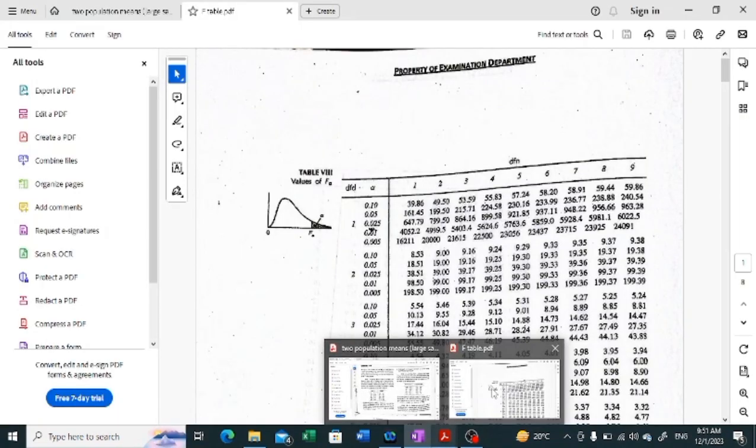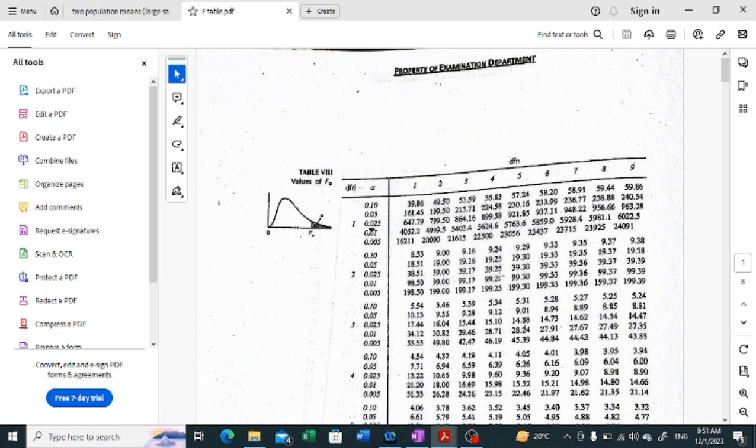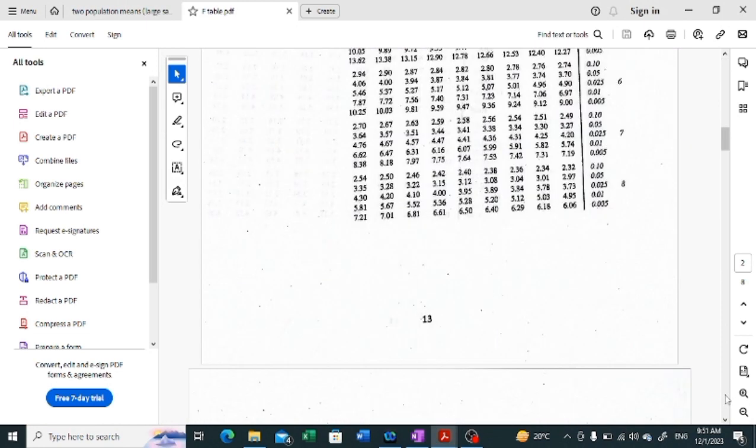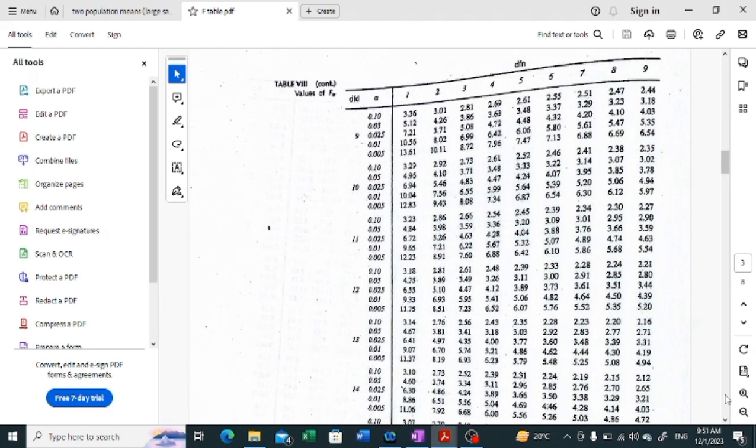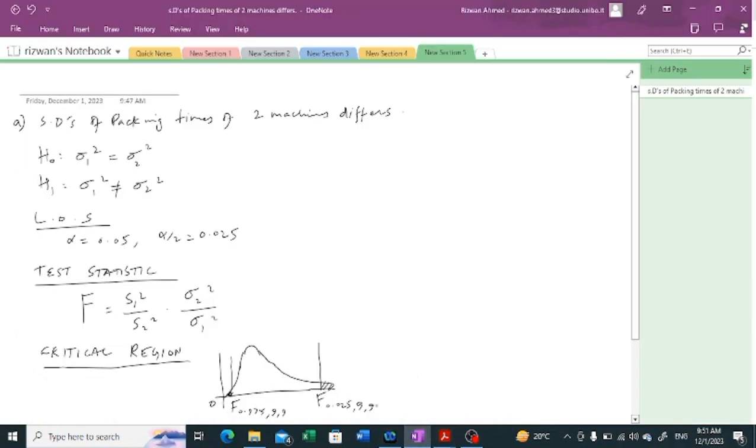So we are now moving to the F table. We need to look for the ninth column and ninth row that we can find in this ninth column on this page. Ninth column, ninth row, 0.025 is giving us the value of 4.03. You can see, that's 4.03.